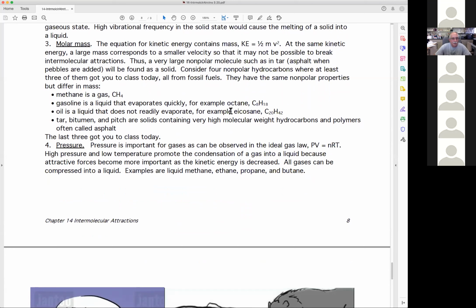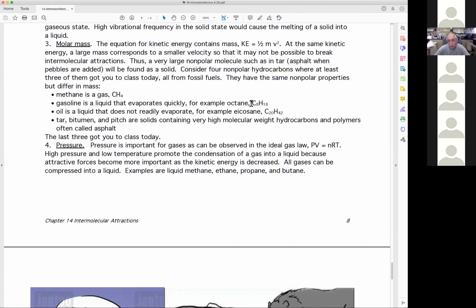So here's something kind of interesting. All of these substances right here are nonpolar. They're all carbon-carbon bonds, carbon-hydrogen bonds. So methane is a gas, right? Gasoline is a liquid that evaporates very quickly.